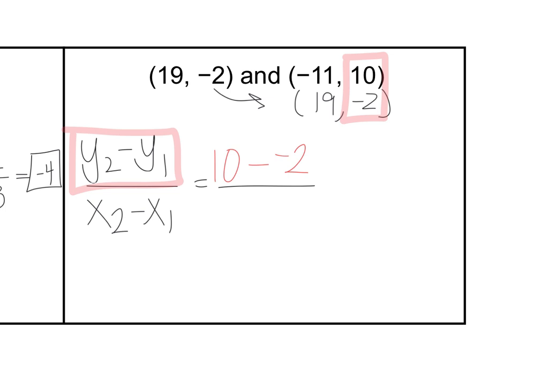And then on the bottom, I'm going to subtract the x values. So subtract my x values. I have -11 minus 19.